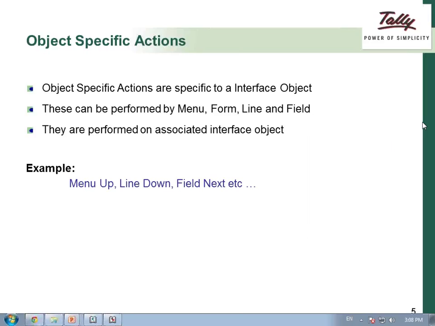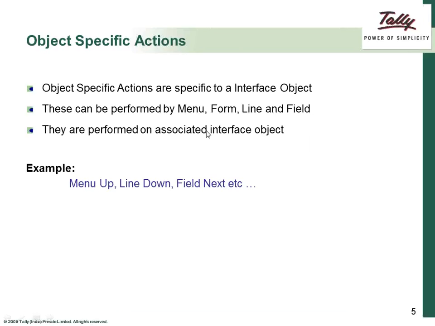For example, if I am at my field and I press enter, the key is the enter key, and the action to be performed is field accept or move to the next field, or field next. That's the action associated to that particular interface, where the enter key has various behavior at each and every field, each and every interface object. So that is what we have to look into.